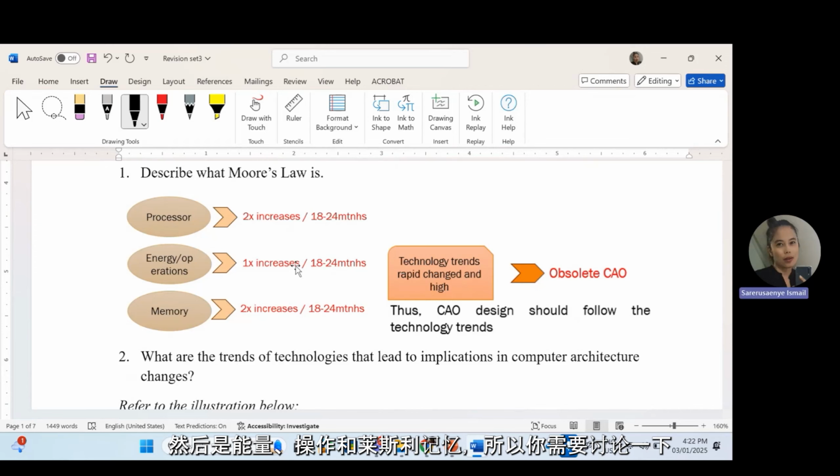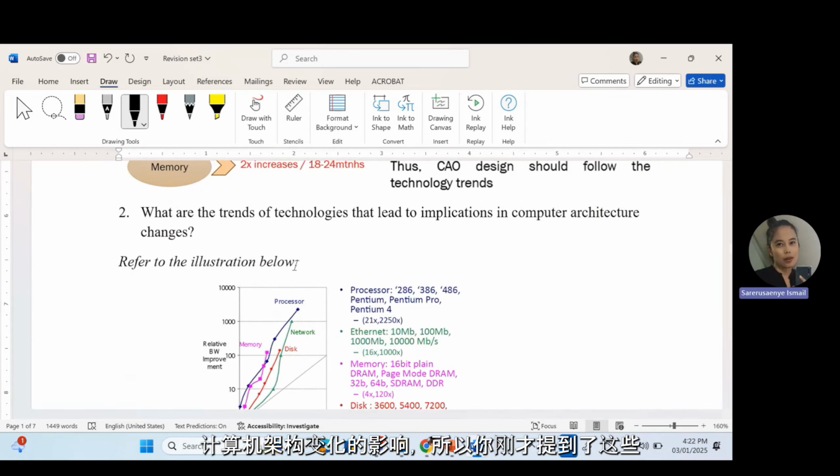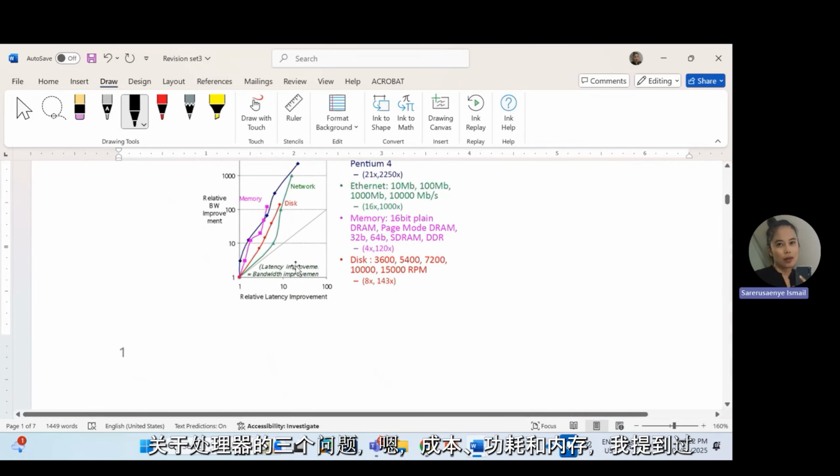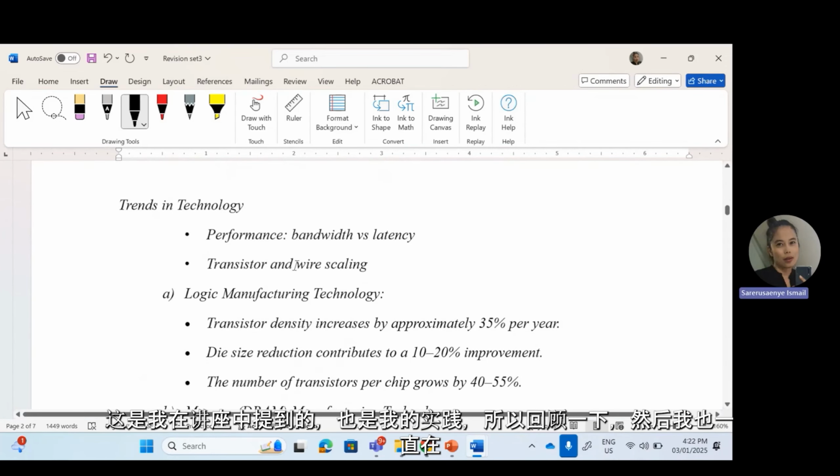So you need to have a discussion about this. And then they ask, what are the technology trends that lead to these implications of changes in computer architecture? You just mention these three things: processor, cost and power consumption, and the memory. I did mention this in my lecture and also my practical. So revise back on that.